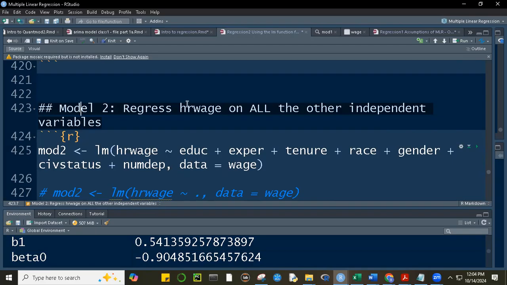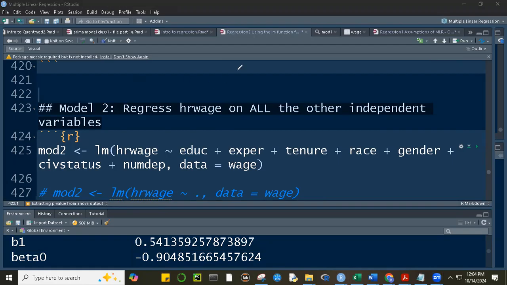So let's now, sabi natin, class, kanina, yung model 1 natin, 16% lang. 16% lang ng variability ni hourly wage can be explained by your independent variable. Okay, so that's very low.